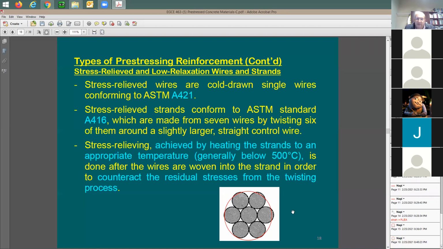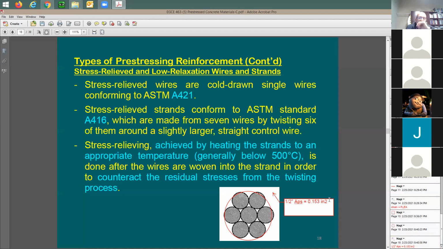How about the cross-section area for one strand? Anyone remembers? 0.153. This is for 1/2 inch diameter, am I correct? Correct.